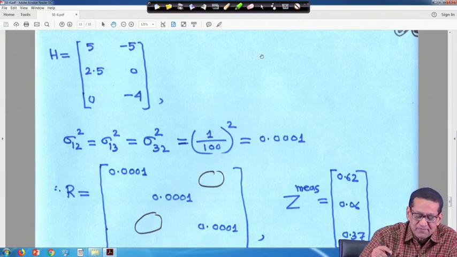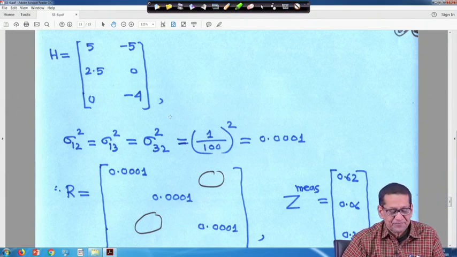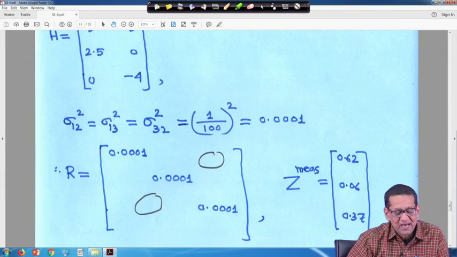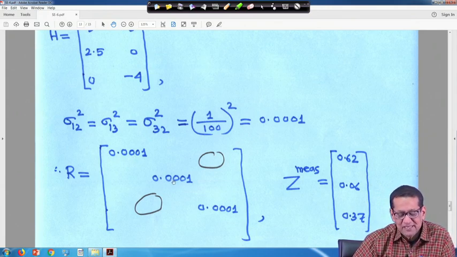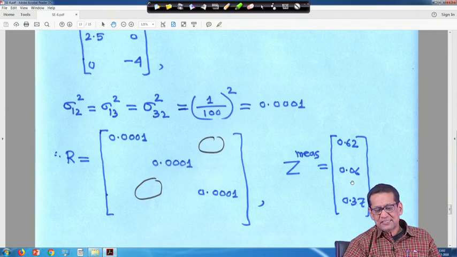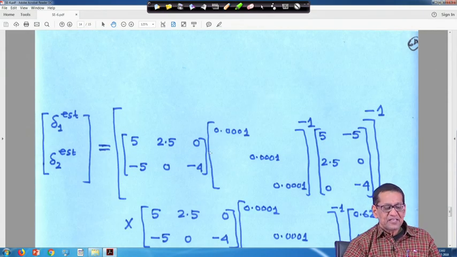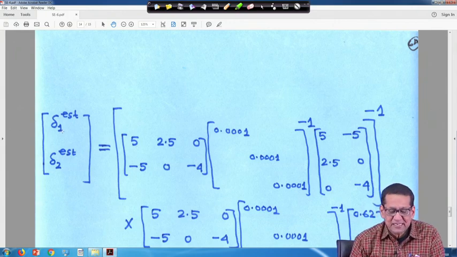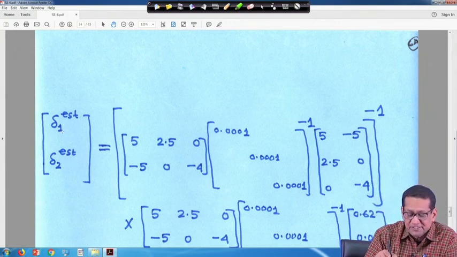Therefore, my R is equal to this one, with sigma 1 2 squared, sigma 3 2 squared on the diagonal, and all other elements are 0. And Z measure was given earlier, the same data: 0.62, 0.06 and 0.37, right. And next, that is delta 1 estimated and delta 2 estimated, I told you that will be equation 27.